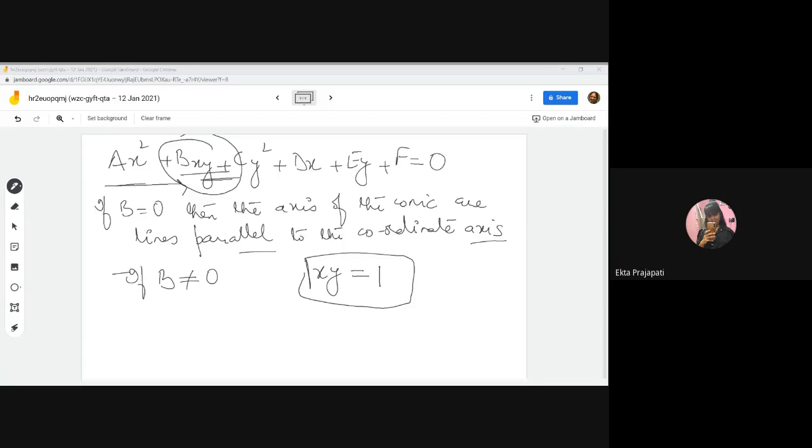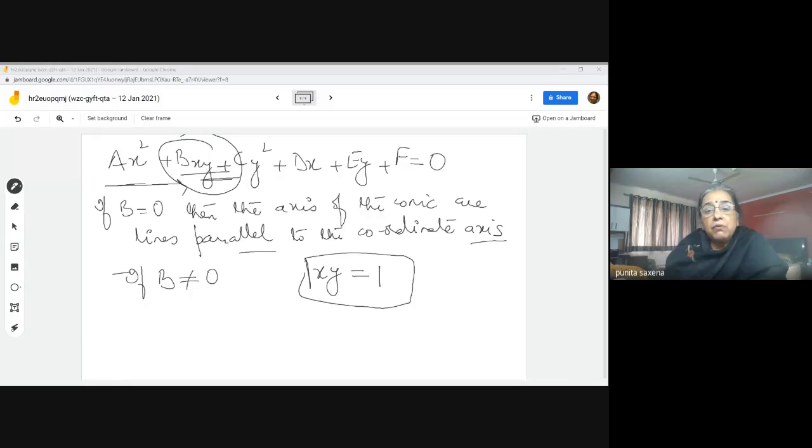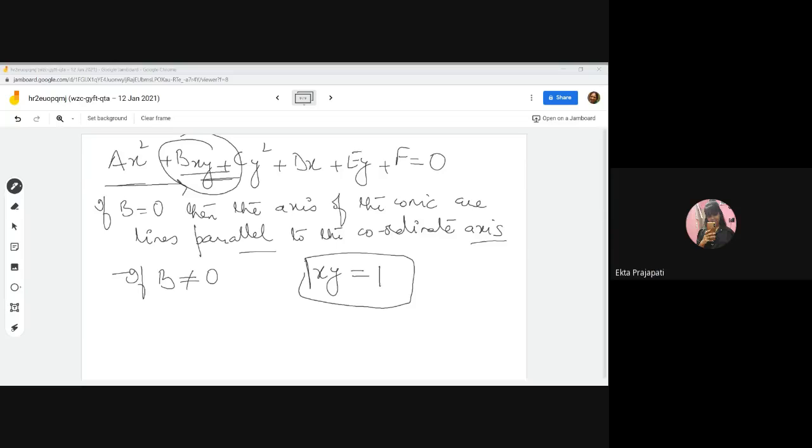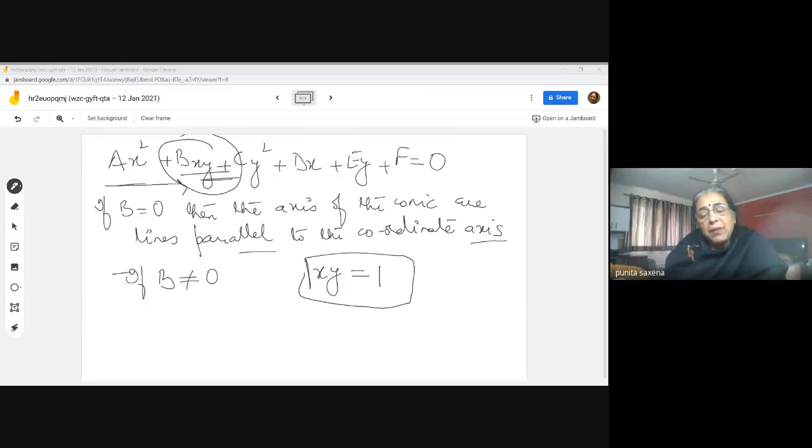For a rectangular hyperbola, what role do the coordinate axes, x-axis and y-axis, play? Semi major axis and semi minor axis are equal. What I am asking is, in a rectangular hyperbola, what role do the coordinate axes play?